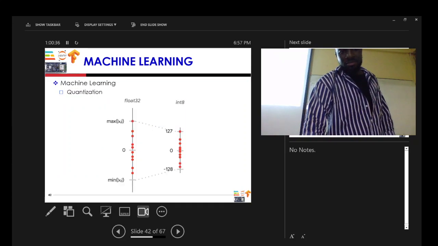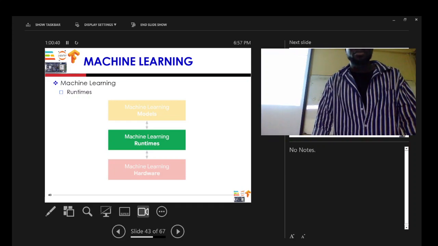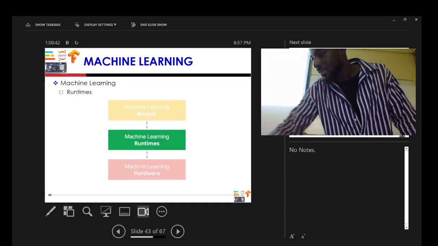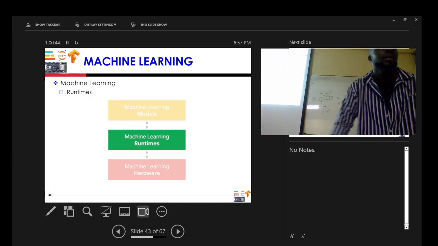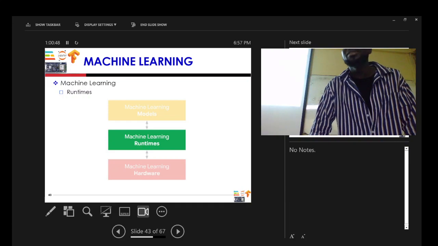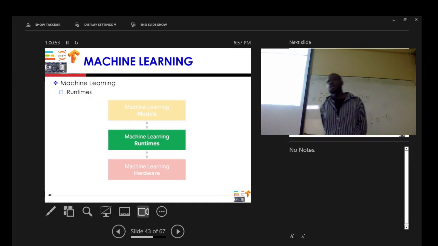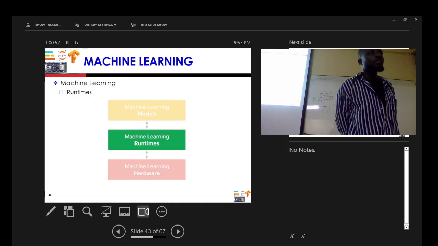Okay, so now our next is the runtime. How about the knowledge? That one is what we are doing, we don't really need it. Same in machine learning, accuracy is important. If you do the same, it's going to affect the accuracy.